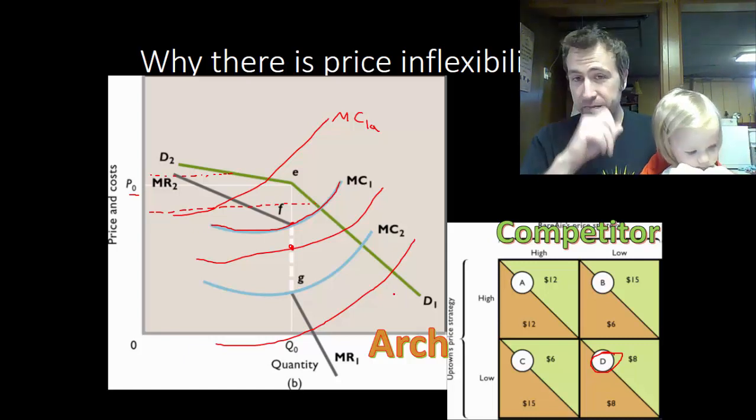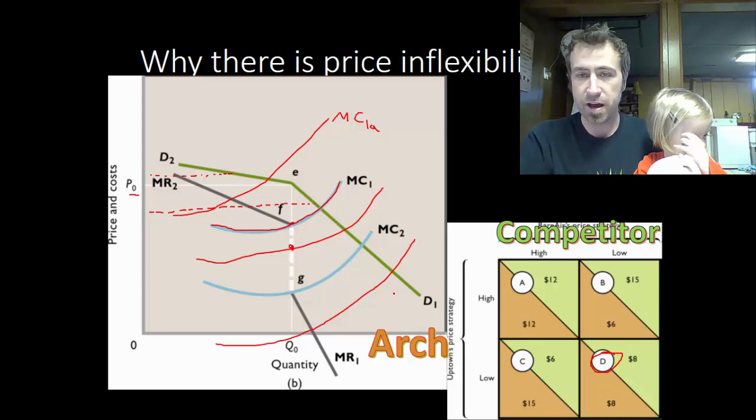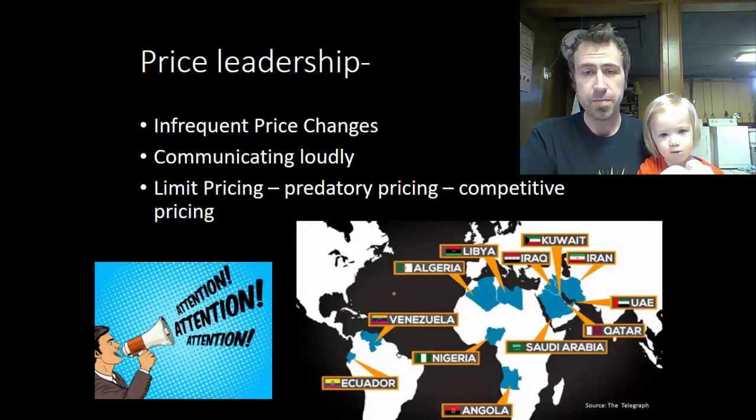All right. So now let's move on and let's talk about when companies will sometimes do price wars. Right now there is a price war with Saudi Arabia and Russia.